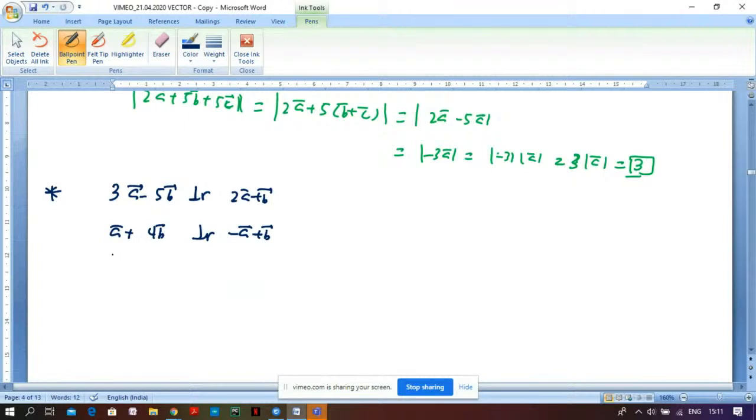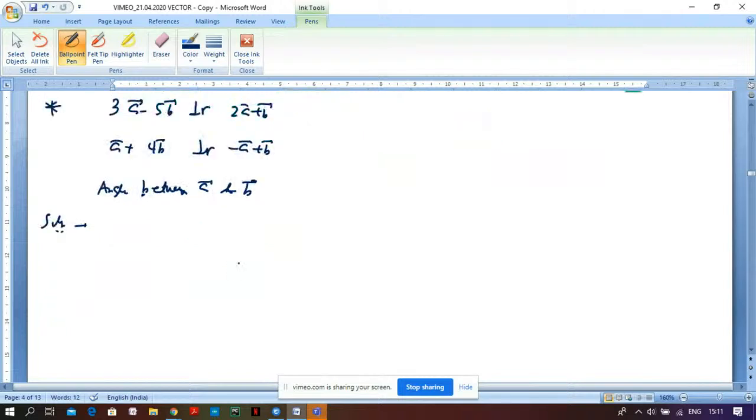Now what we want is the angle between vectors a and b. We can write acute angle, or no need to say, we can just say angle between a and b, because anyway we will be needing a dot b.